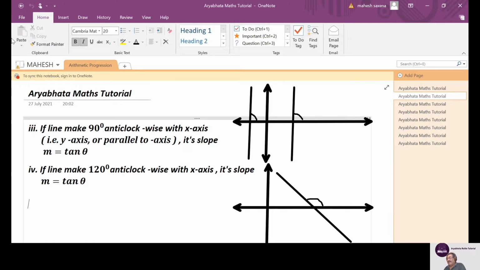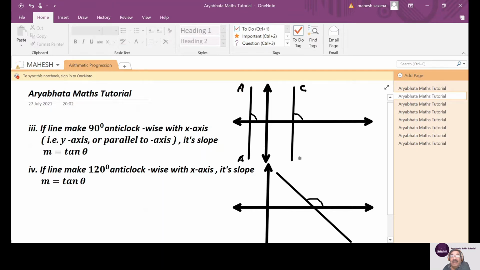Now, we take the third example. Suppose a line makes 90 degrees with the x-axis. Suppose this line AB and line CD and again the y-axis. These are all perpendicular to the x-axis.